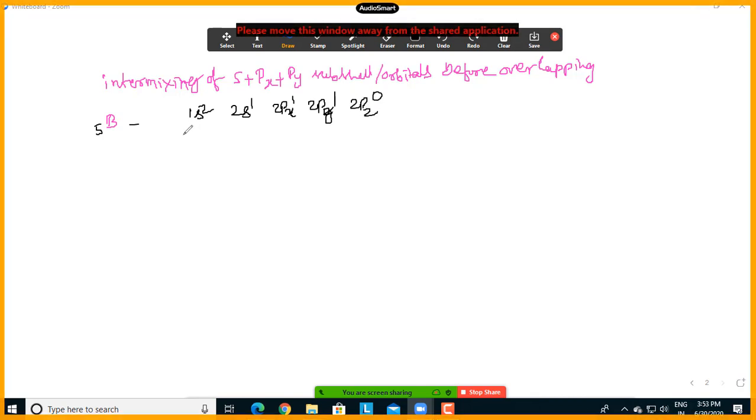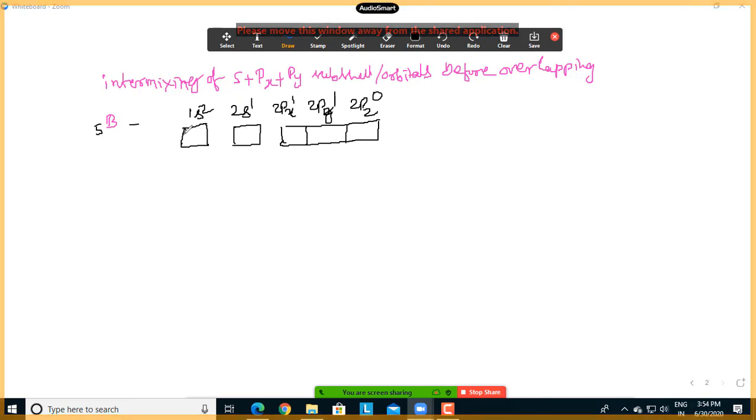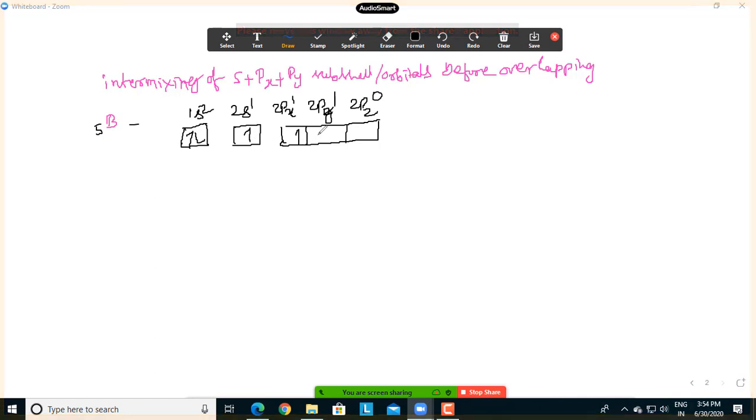Okay. So this you can write like this. So before overlapping, they will mix.